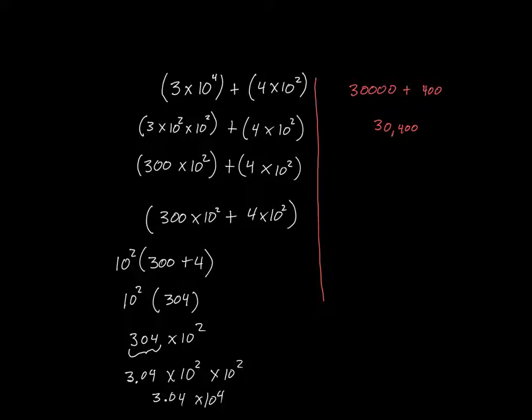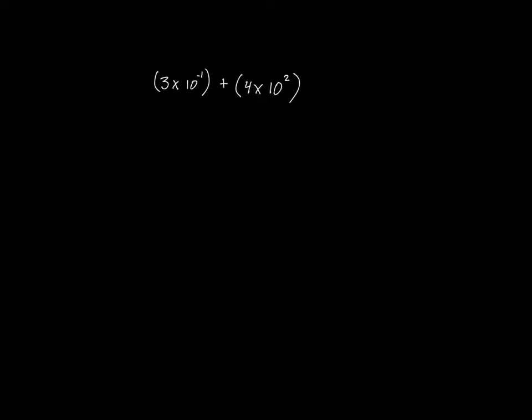So we're going to add the decimal point, and we're going to move it 1, 2, 3, 4 times. And that will give us 3.04 times 10 to the 4th, which is exactly what we got. Now, this method is technically easier, but you should only use it to check your answer.